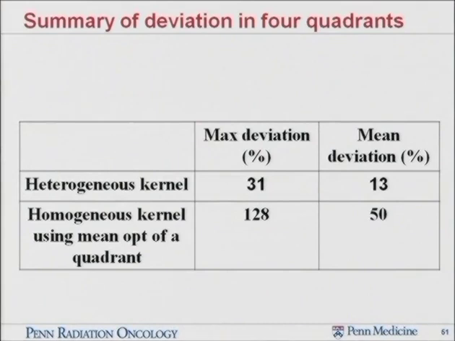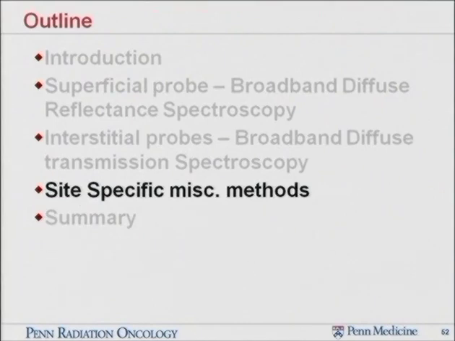If we don't use heterogeneous optical properties, and instead assume the entire prostate is homogeneous with a single mean optical property used for all patients, we get a mean agreement within 50%. At maximum it can be over 100%, but you can still do some predictions.